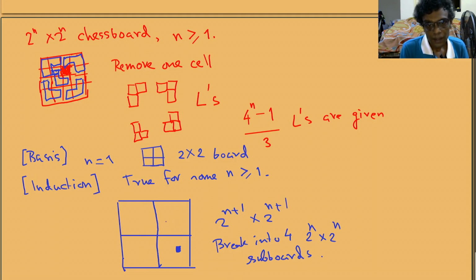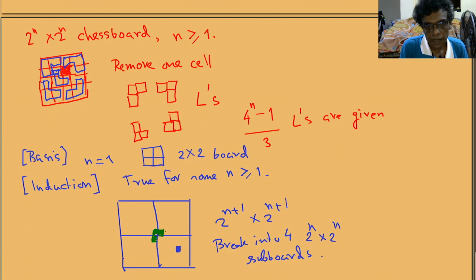What I will do for a moment, maybe I use a pen of another color. For a moment, I remove this cell, and this cell at the center. Why am I choosing this?